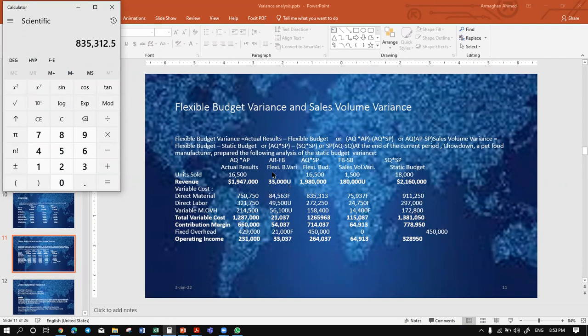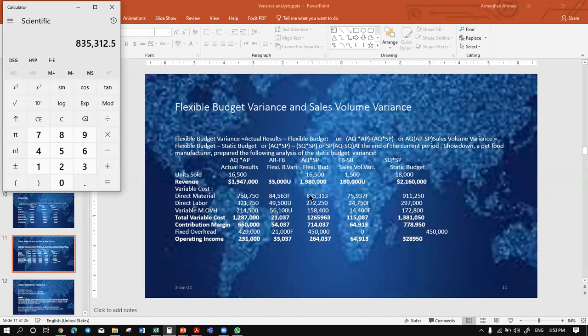How did I get the flexible budget? Because the figure was given, you simply deduct the actual budget from the flexible budget. When the flexible budget value is given, you can calculate the flexible budget variance easily.